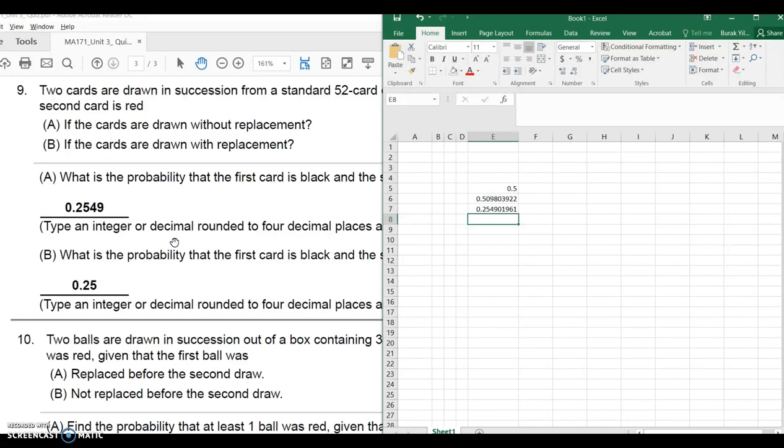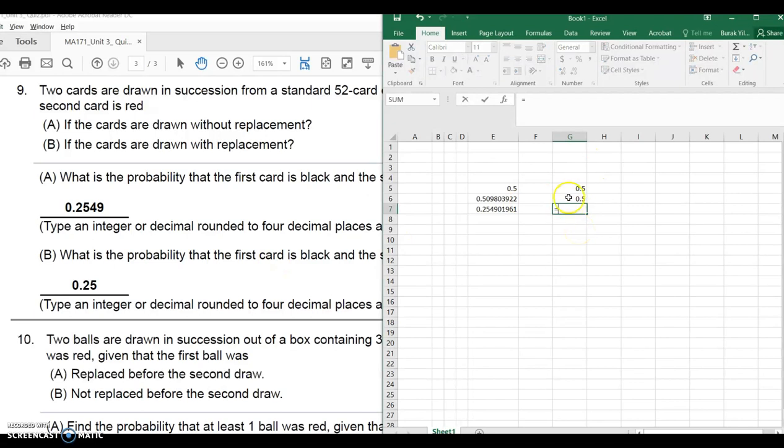So when you replace, the first part will be again 26 over 52, and then you pull the black card and then you put it back in, and now you pull again and you want it to be red this time. So it's still 26 because there are 26 cards. But now it's not 51, it's 52. So both of them are just half and half.